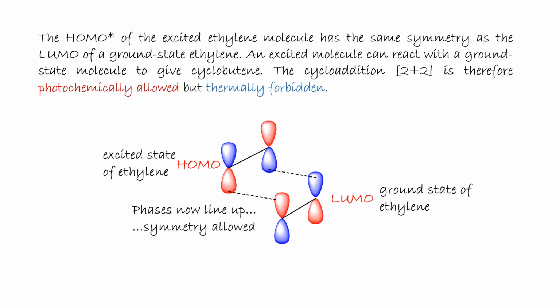Now, if we get the excited state HOMO with 2 different faces, with the LUMO of another molecule in the ground state, blue with blue match, red with red is matching, faces now line up, symmetry allowed. So this 2 plus 2 reaction takes place under photochemical conditions.